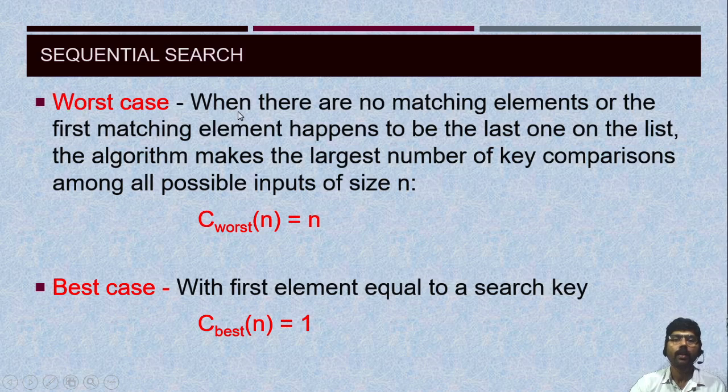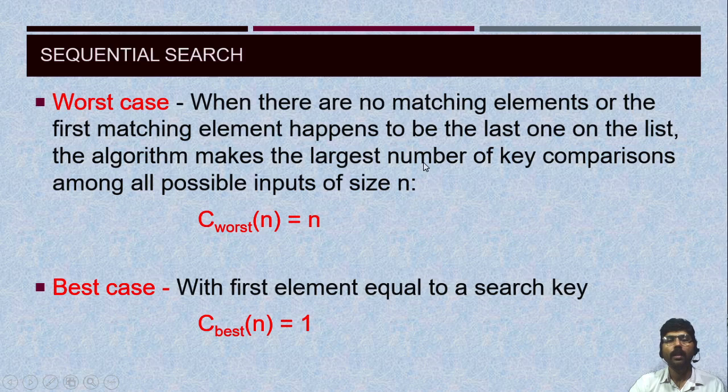See here, when there are no matching elements, or the first matching element happens to be the last one on the list, the algorithm makes the largest number of key comparisons among all possible inputs of size n.